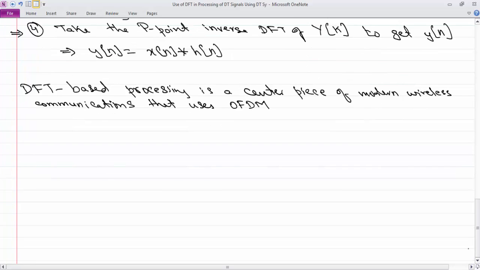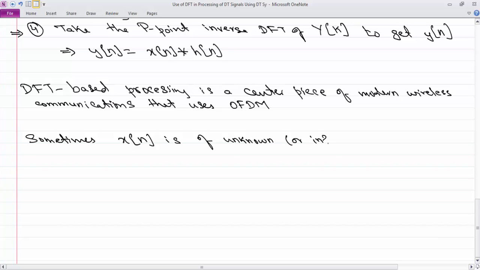Now, we won't go into the details, but I just want to point out that sometimes what happens is that our input signal, we don't know how long that is. You want to do real-time processing, your h[n] is finite length, but sometimes x[n] is of unknown or infinite length.